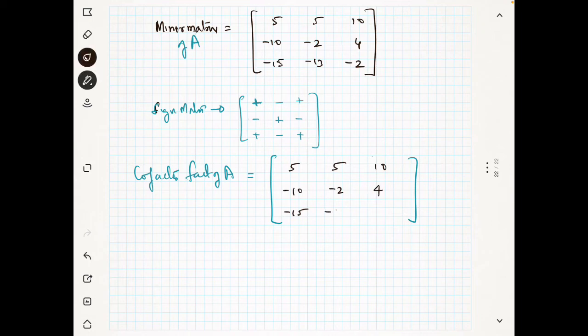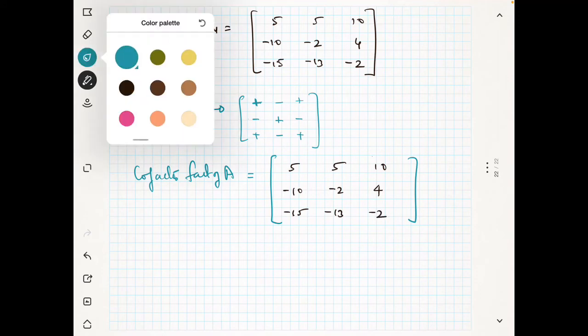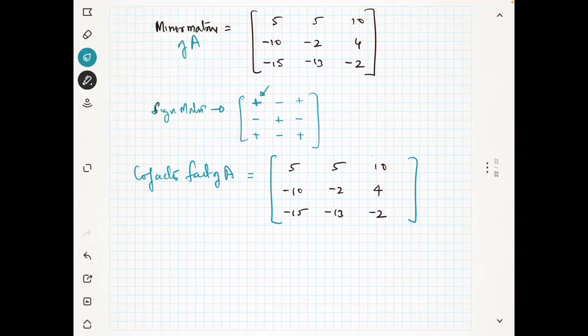Then minus 13, this is minus 2. After that I will assign the sign convention. You see here this position is plus, this I will put minus, and this is plus, and so on alternately.